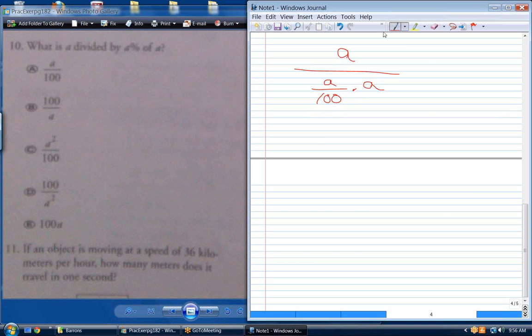In other words, there's no way picking numbers could speed this problem up. It could only slow it down. Since we have to do this math, I mean, I suppose I could pick a number for A and solve it and then find out which of these equals that number. But is that necessary to do? No. Okay. So what's the answer?